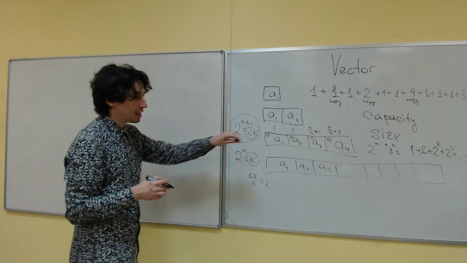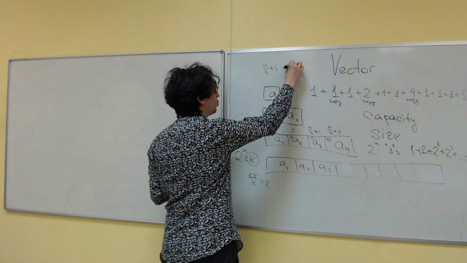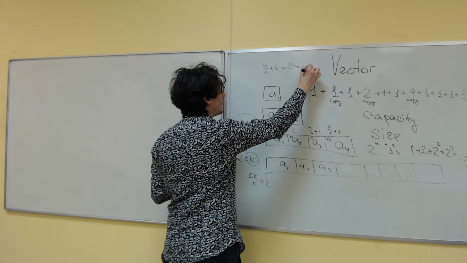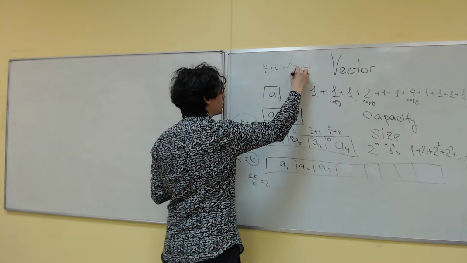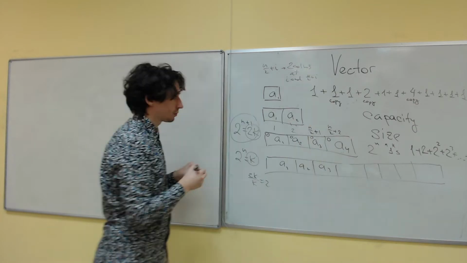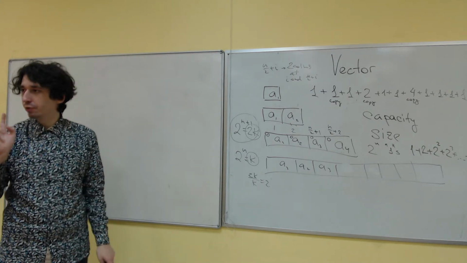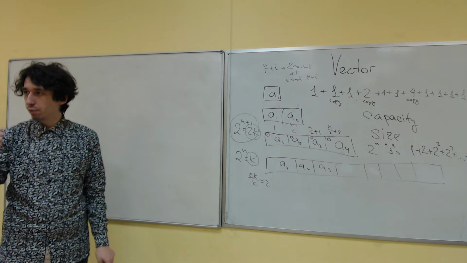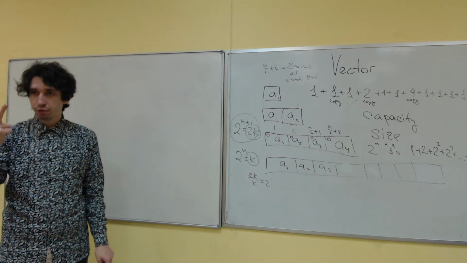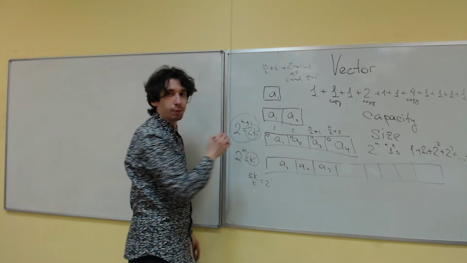So when you add an element to position n over 2 plus i, then you put 2 coins at i and n over 2 plus i. At each operation we spend 3 coins. We spend a coin to put an element there, and 2 coins for the future. So we put a coin into the cell.